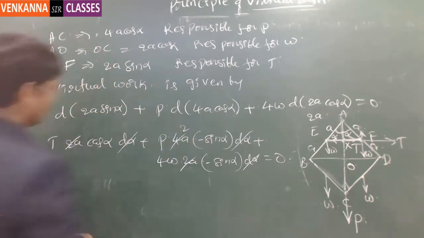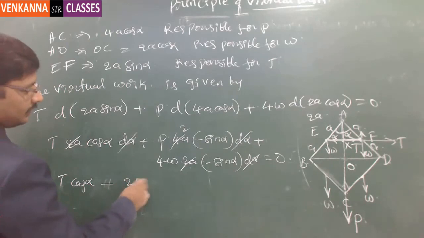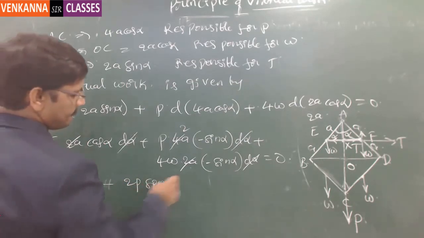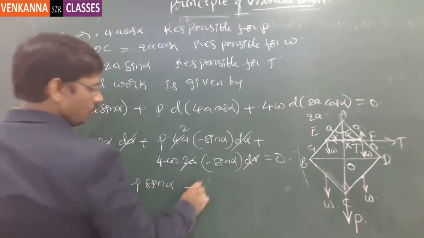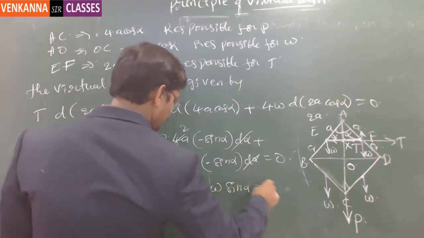So T times cos alpha minus 2P sin alpha minus 4W times sin alpha equal to 0.